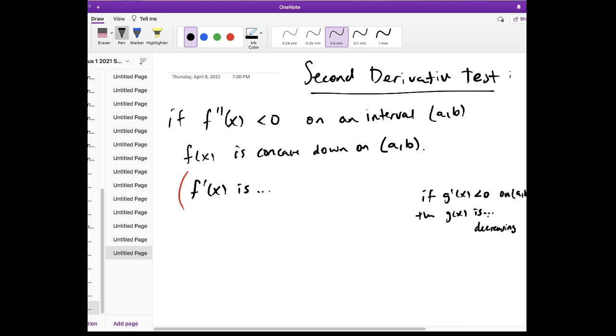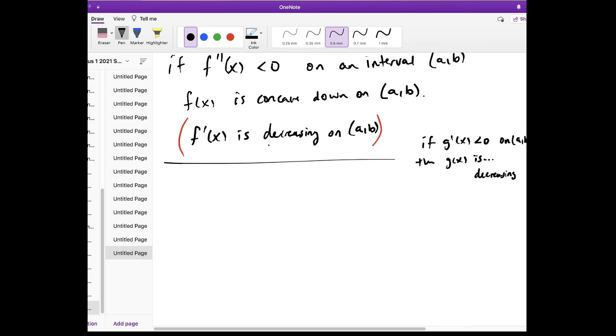Since the second derivative is just the derivative of the derivative, that just tells you the derivative is decreasing. Okay, so we're going to use that fact in the proof.